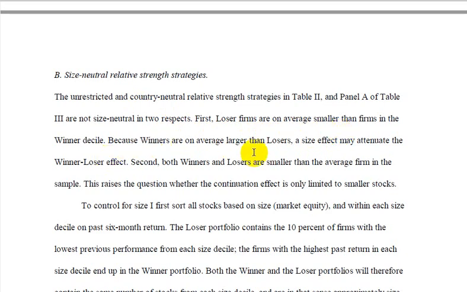Also, if you remember, the extremes of the winner and loser portfolios were smaller than the portfolios in the middle, and so the average firm was a bit larger than the extreme winner and loser portfolios.